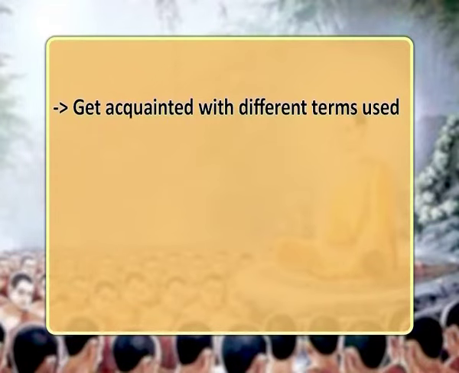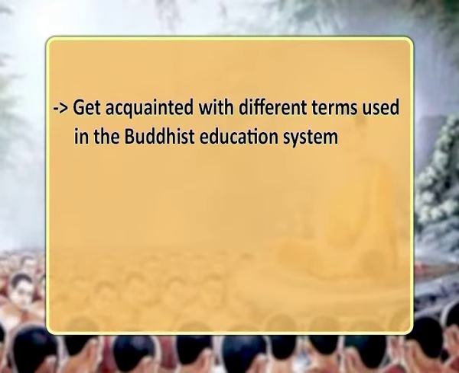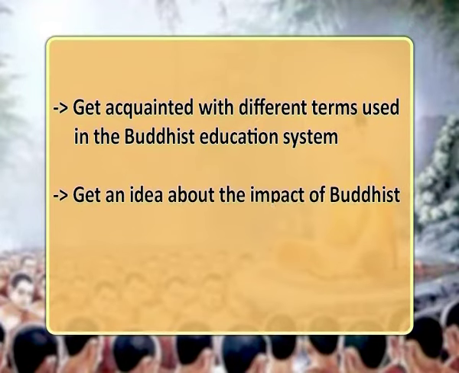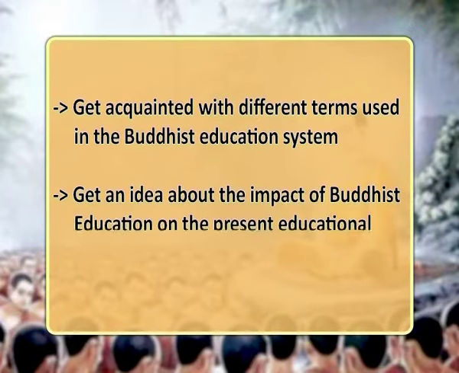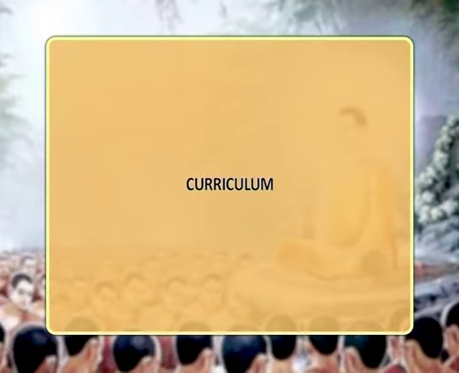Third, get acquainted with different terms used in the Buddhist educational system. Fourthly, get an idea about the impact of Buddhist education on the present educational system of India. Let us now discuss the curriculum of Buddhist education.